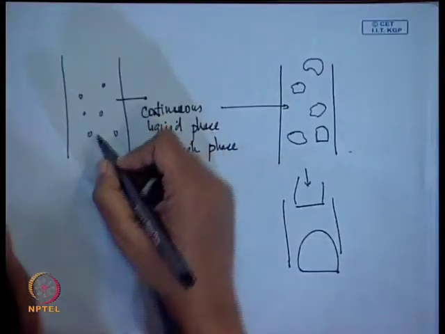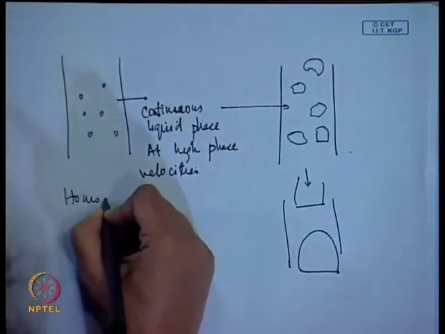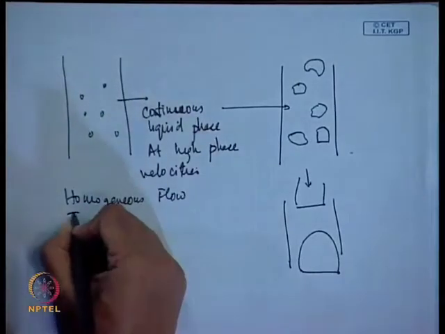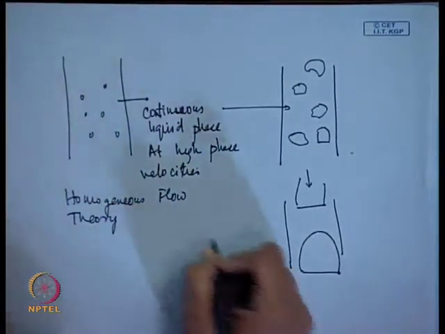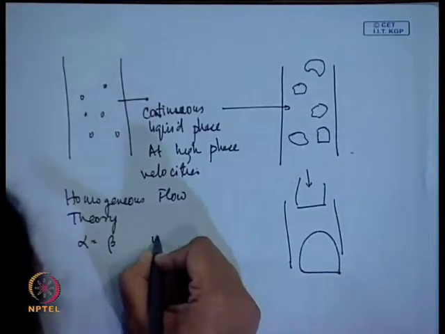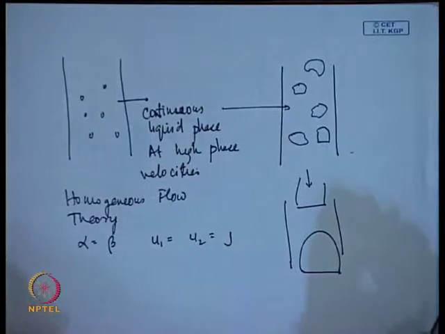Now, what we know, when the bubbles are uniformly dispersed as I have shown in this particular picture, under such condition we very well know that the homogeneous flow theory is applicable. When the homogeneous flow theory is applicable, we know that alpha equals beta, or in other words u1 equals u2 equals j, isn't it?